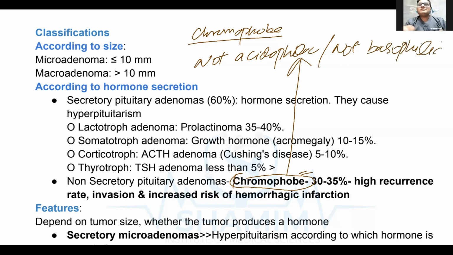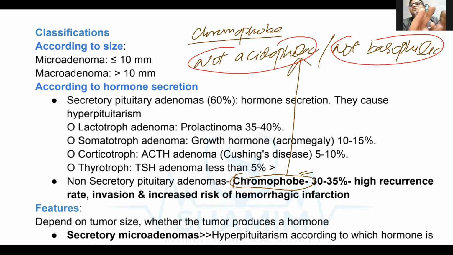We have discussed in the previous diagram that some cells in the pituitary are acidophilic and some are basophilic. The cells that have neither feature are called chromophobe cells.